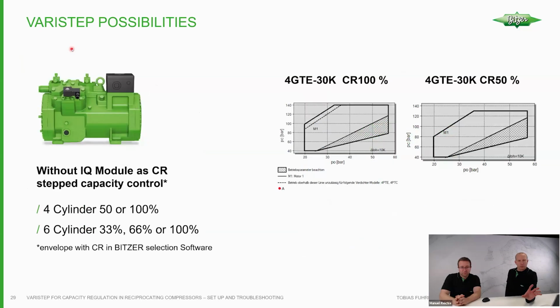If it is used in stepped mode, so basically 50 or 100%, you will also find the application limits in the Bitzer software, where there are just slight restrictions on the thermal limits. That's the top left-hand corner of the compressor envelope, where in typical cooling and freezing applications you don't operate the compressor anyway. It's more something for heat pumps.